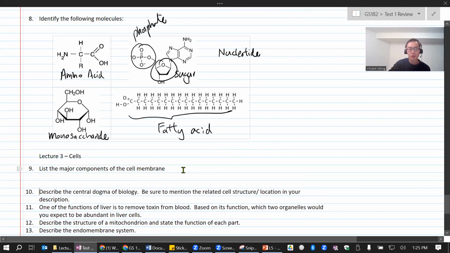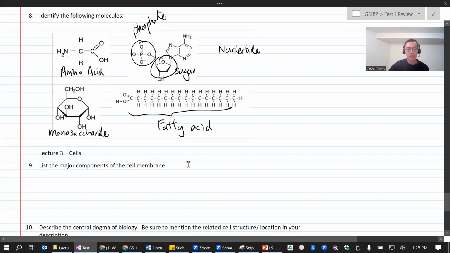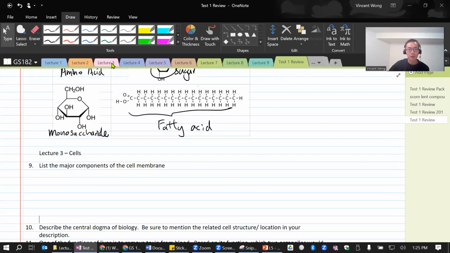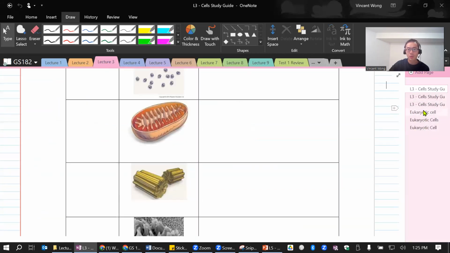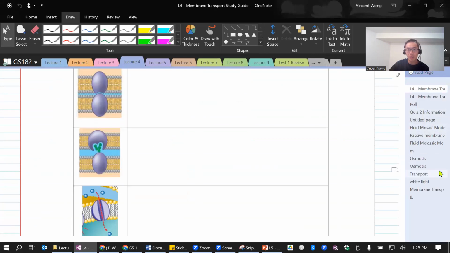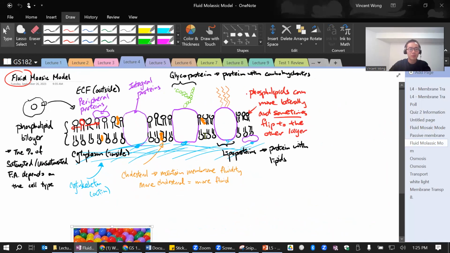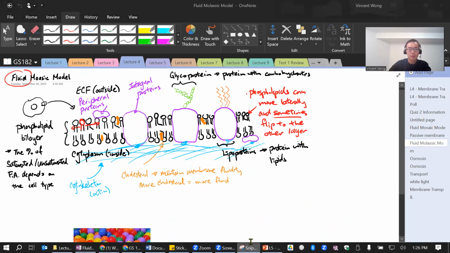Now we don't have time to go through all of these, unfortunately. So list the major components of cell membrane. I'm gonna refer you to the note that we took, which was in lecture 4, I believe, maybe. There we go. The fluid mosaic model, right? Remember this picture that we drew? Okay, so like you should familiarize yourself with that.